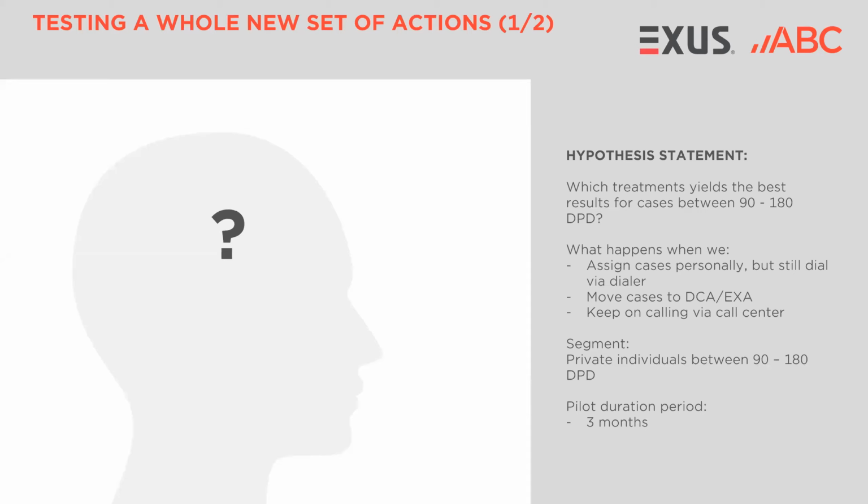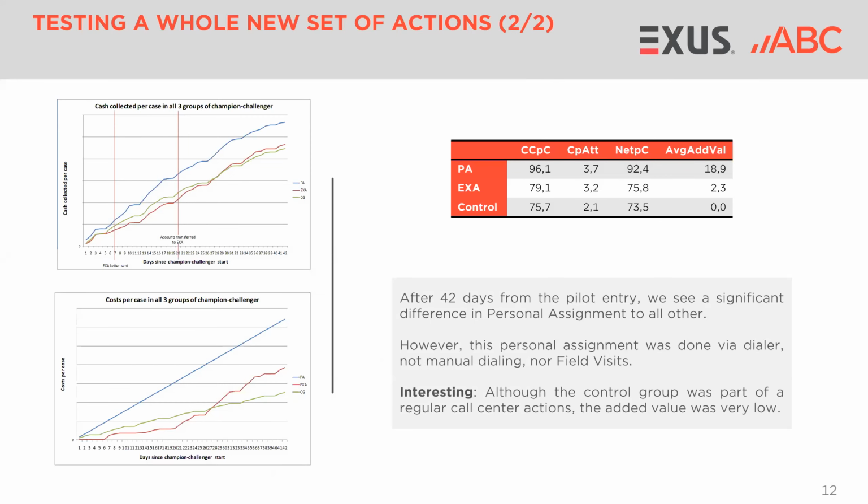And this pilot ran for 3 months. Now let's look at the results. Okay, so there were some changes to the letter. First we send a letter before we send clients to the external agency, and then we transferred them on the 20th day.